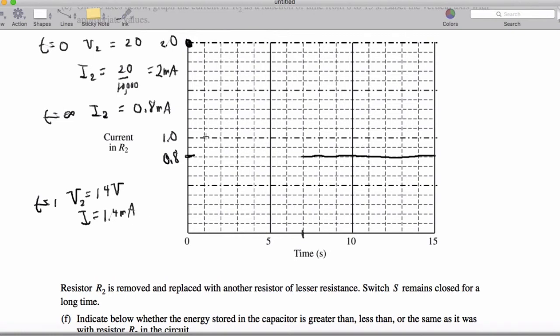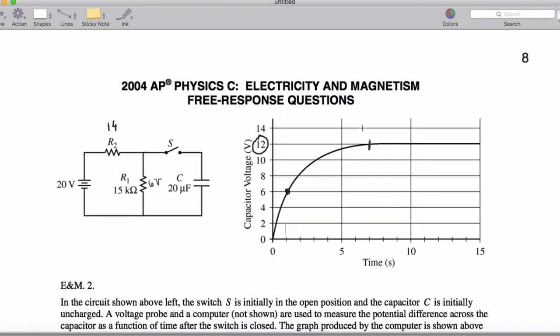So at 1 second, if this is 2 milliamps right here, this is 1.5, 1.4 milliamps at 1 second. Okay? Let's go back to this graph here.